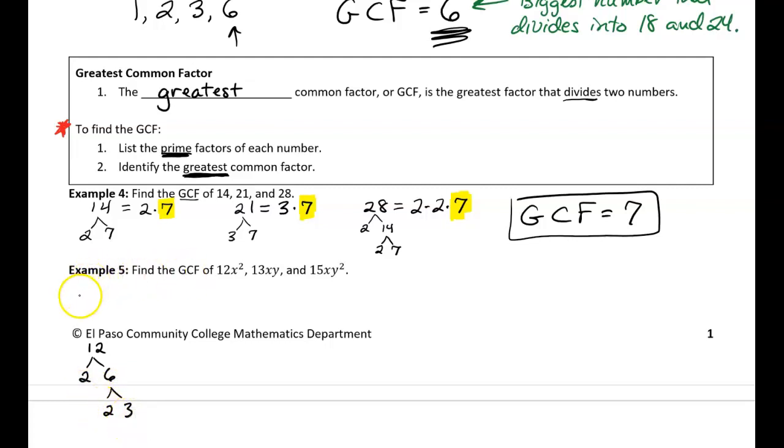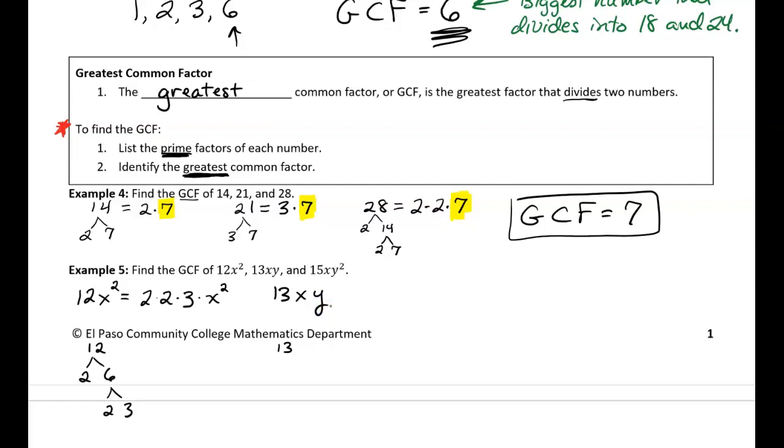So in my first one, my 12x squared, I can write this as 2 times 2 times 3 times my x squared. Right? Think about that. It's just multiplied all the way through, and it means the same thing as 12x squared. Let's look at 13 now. Well, that's only 1 times 13, so 13 is already prime. We're good to go on 13.